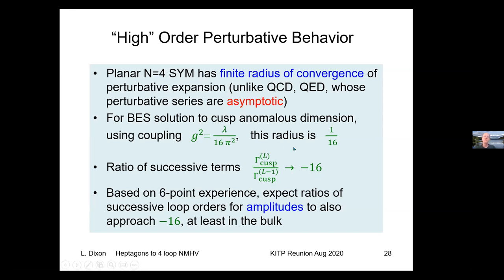And one quantity we know the radius of convergence of is the cusp anomalous dimension. And using that knowledge, we know that asymptotically, the cusp ratio should go to -16, the ratio of L loops to L-1. So that's going to be our sort of target to see how things are doing.